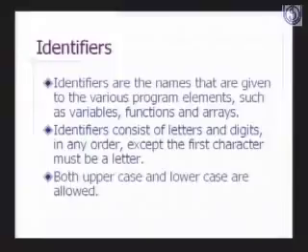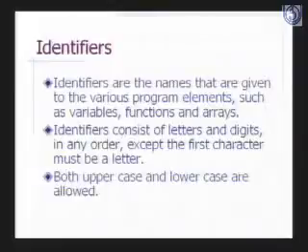So there are certain rules which govern the naming of these identifiers. The first rule you have to remember is that identifiers should start with a letter or else with an underscore. The identifier may consist of a group of letters and digits, however it should start with a letter, an alphabet, or an underscore only.